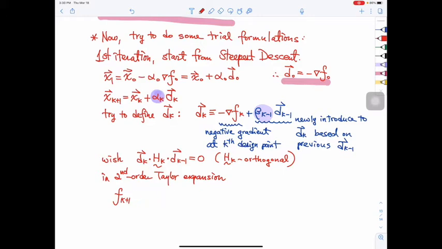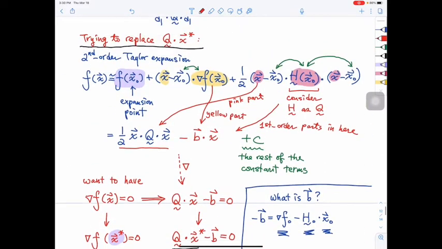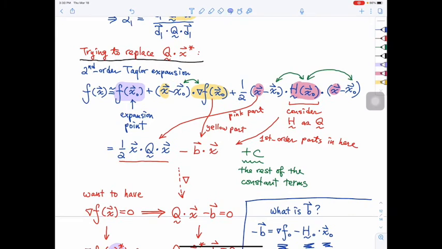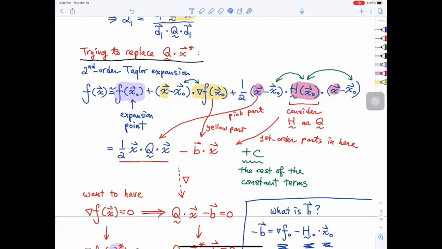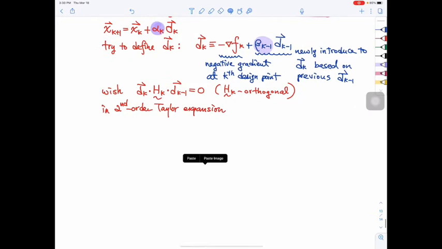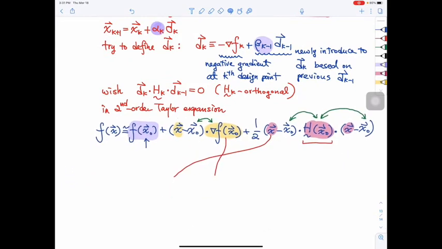I need to copy the previous Taylor expansion here. This is Taylor expansion.